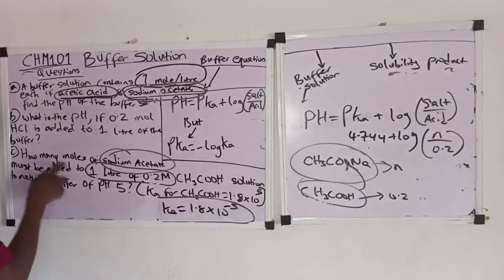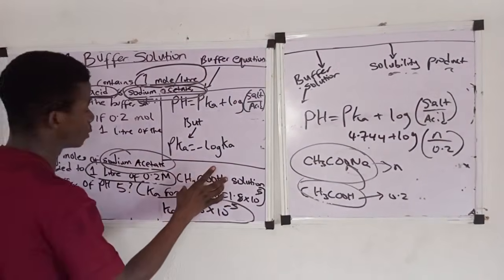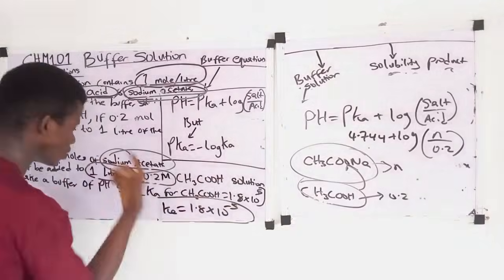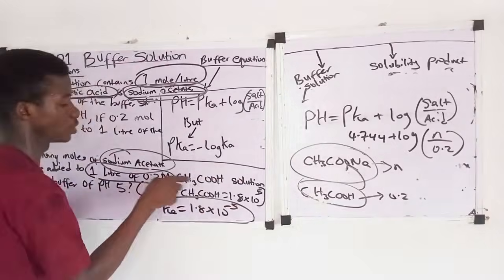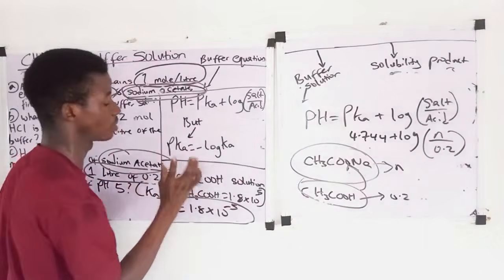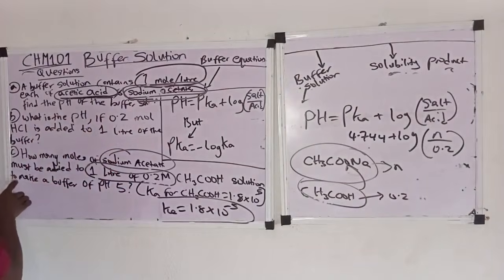Look at it. How many moles of sodium acetate must be added to 1 liter of 0.2 molar acetic acid solution to make a buffer of pH 5?